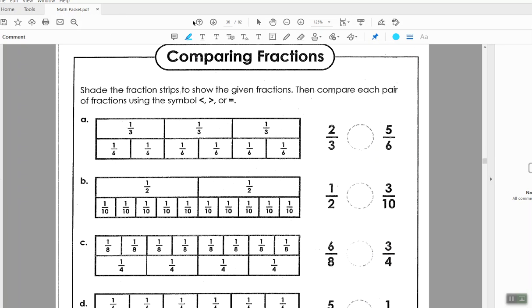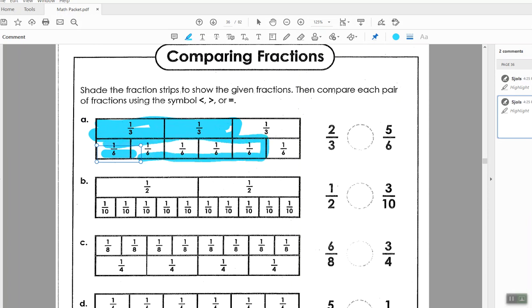So if the denominators are different, they have these lovely boxes drawn for you. So you're going to shade in, I have 2 thirds, and I have 1, 2, 3, 4, 5, 6. So which is bigger, 2 thirds or 5 sixths? Well, 5 sixths takes up more of the bar.